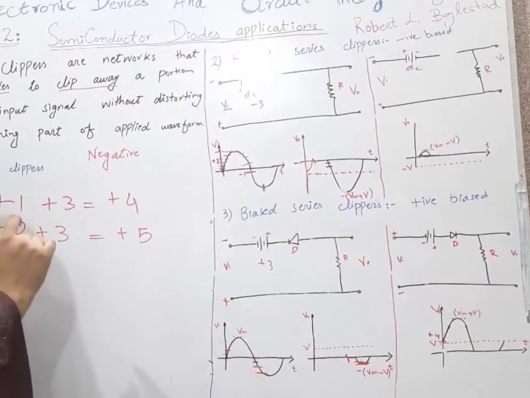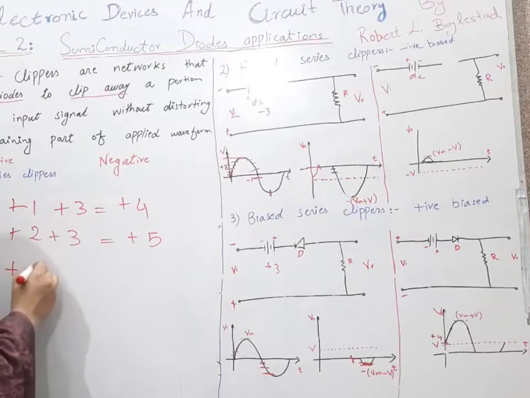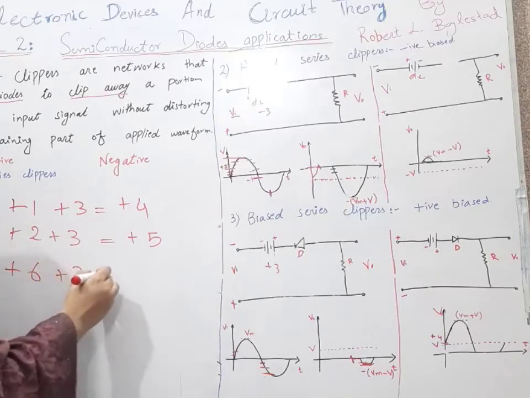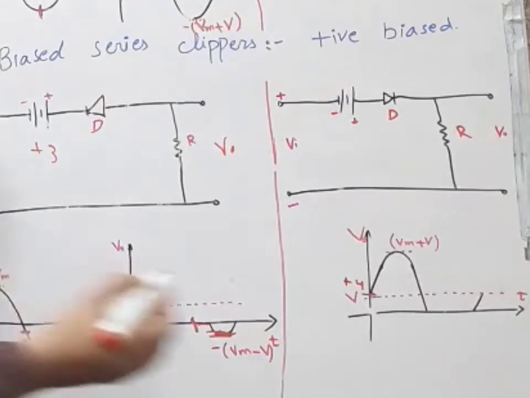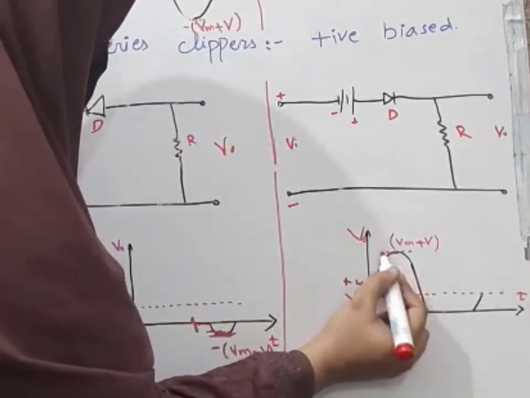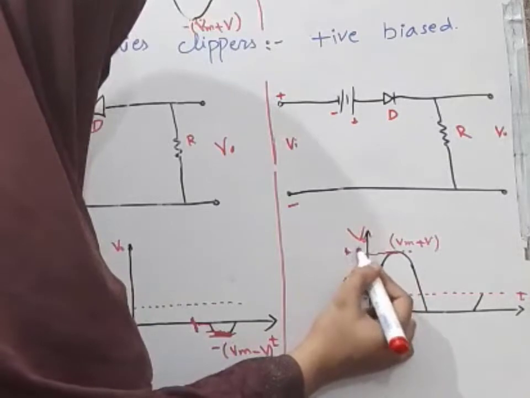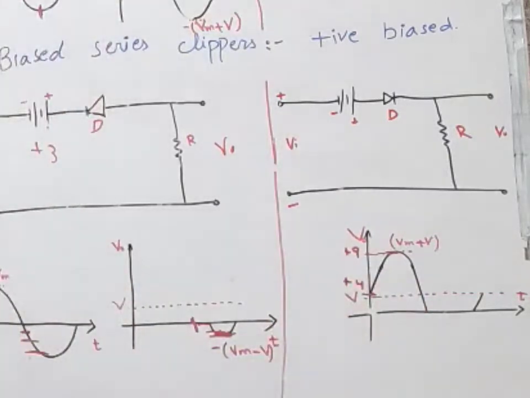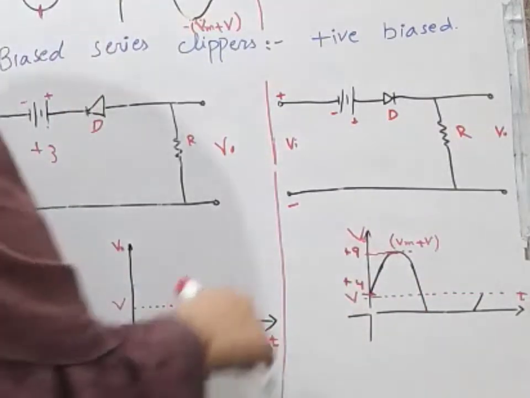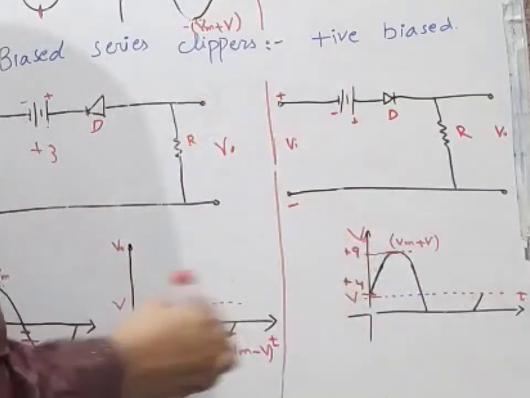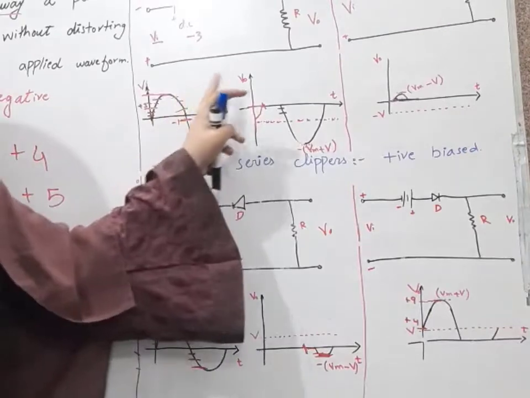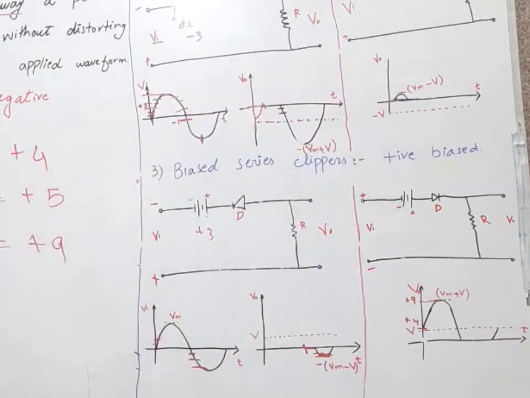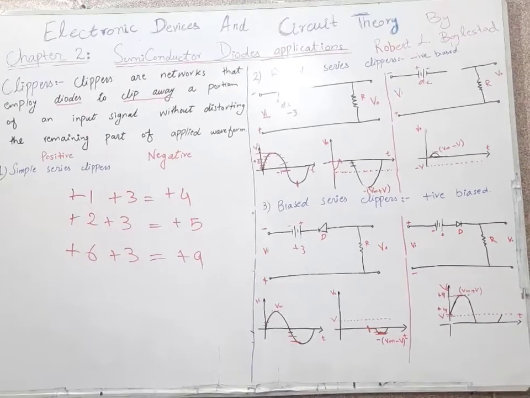For +6 and the battery potential of +3, we will get a total of +9. So at this point we will get +9 potential. And again the same for the next terms. You have understood these 4 output waveforms, and these 4 output waveforms are very important to understand. I hope you understand all.